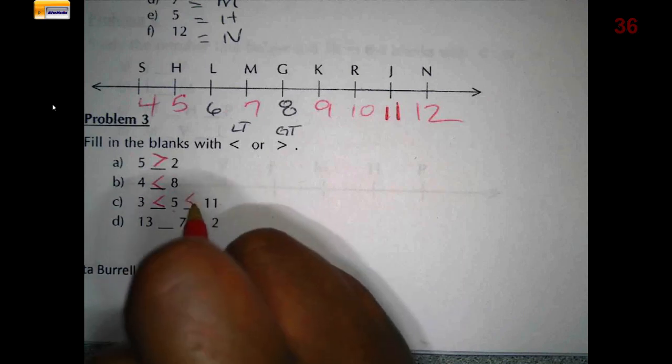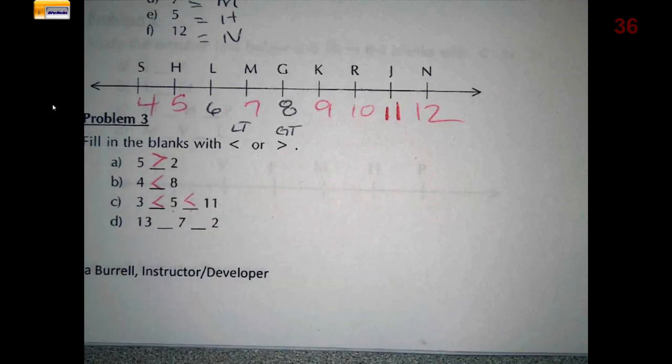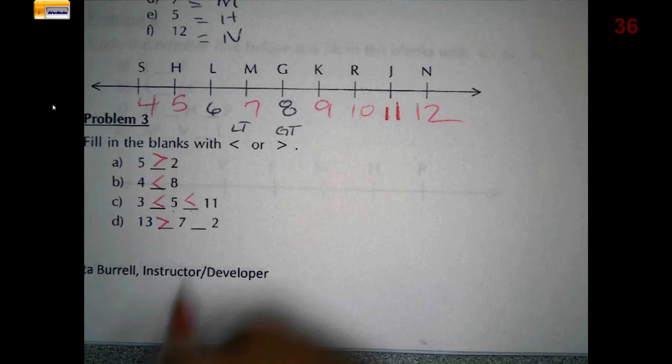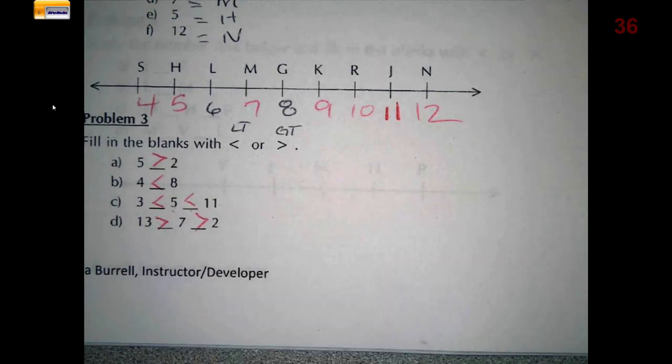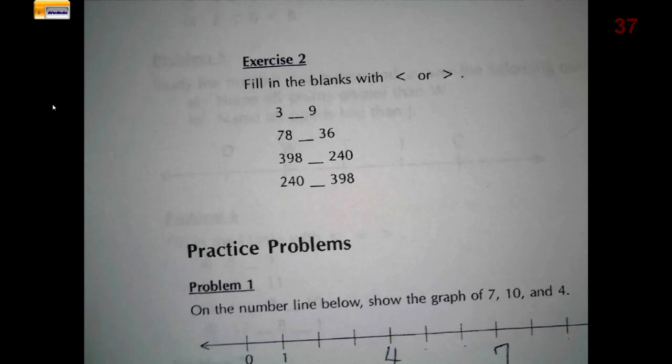So that was a combo. What about D? 13 is greater than 7, and 7 is greater than 2. So you have to compare the two at a time. This is something you will be doing on your practices today, your practice tests. Comparing, even with combos.